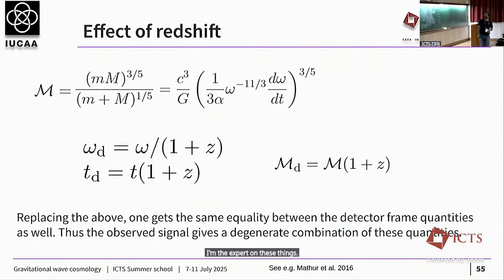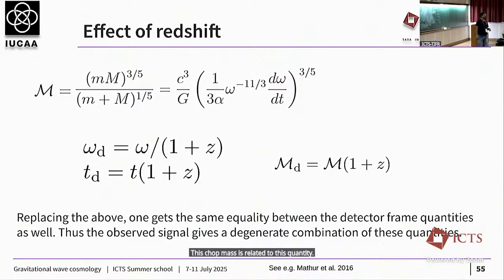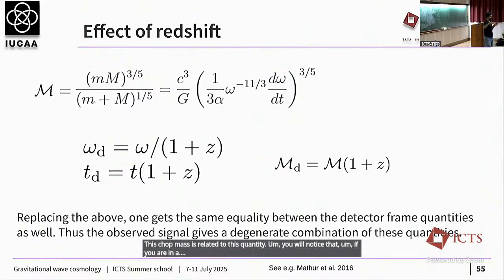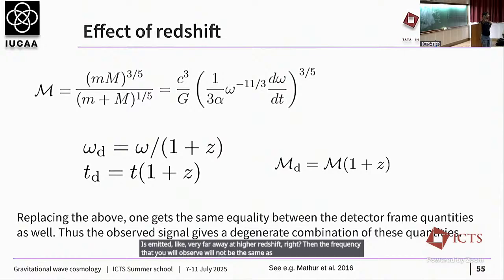Okay, so let's look at the chirp mass equation. So this equation that you get, this chirp mass is related to this quantity. You will notice that if you are in a cosmologically expanding universe and this gravitational wave is emitted very far away at higher redshift, right? Then the frequency that you will observe will not be the same as the frequency that was emitted at that location.